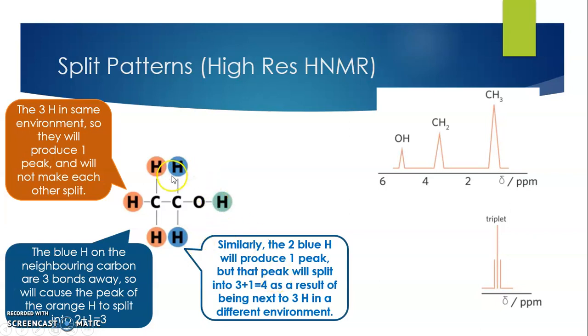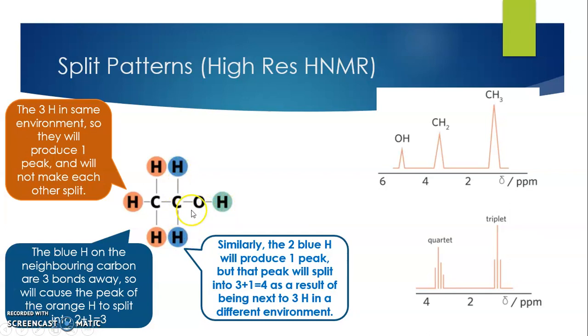Exactly. Since the blue ones are in the neighboring environment of these 3 orange ones, these 3 will cause the peak produced by the blue hydrogens to split into 3 + 1, that is 4. Then your question is, wait, isn't this green hydrogen also in the neighboring environment of these 2 blue hydrogens?